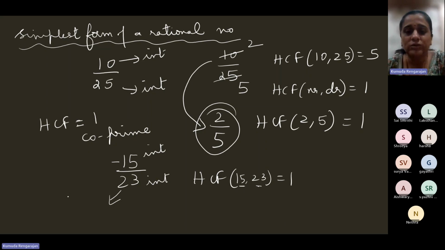If the HCF of the numerator and denominator is 1, then the rational number is said to be in the simplest form. When the HCF of two numbers is 1, the two numbers are said to be co-prime.